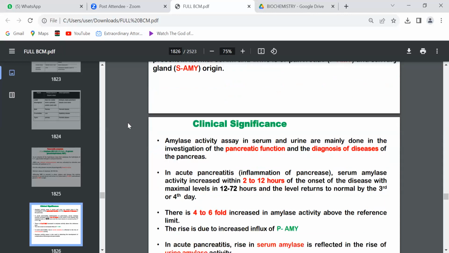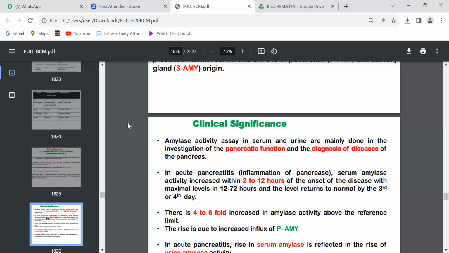If the increase has happened very abruptly, within 2 to 12 hours, and then within the next few hours the levels drop back to normal, it was an acute condition.